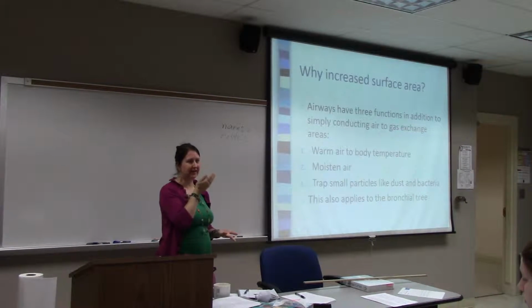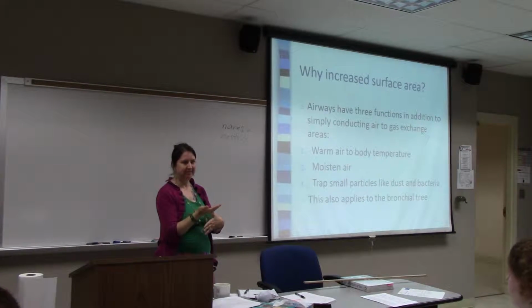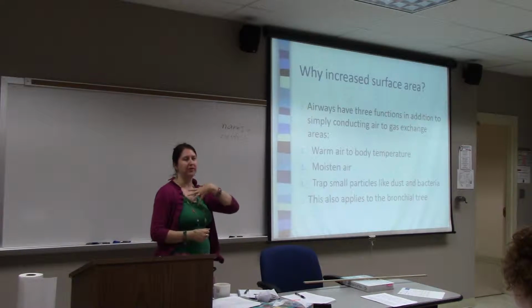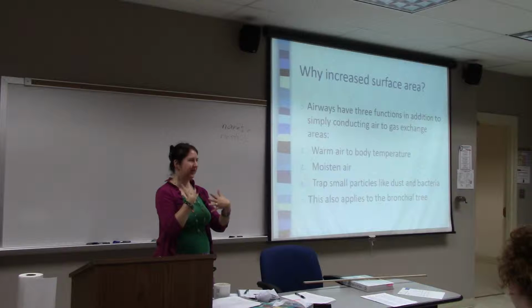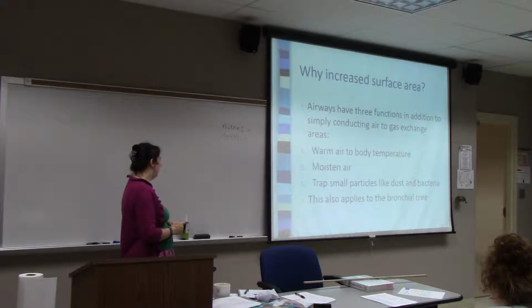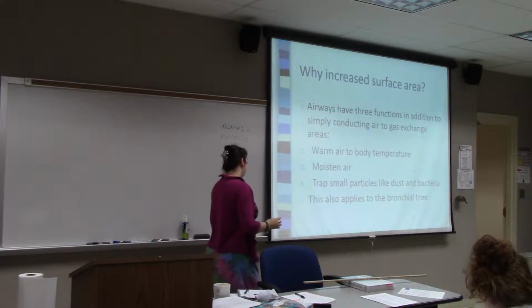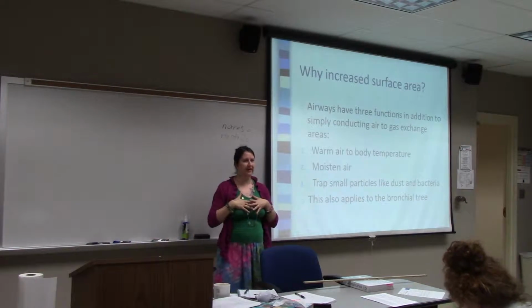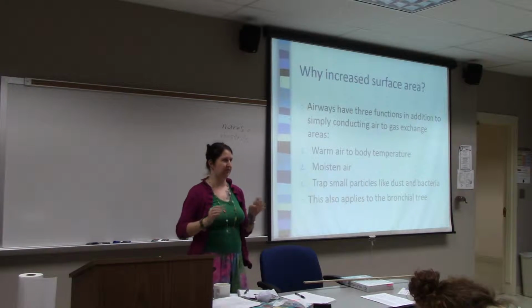And this is why when you exhale, it's warm, and why you can see your breath when it's cold is that moisture that you've put into the air condensing when it hits the cold. We will also see an increase in surface area inside the lungs in the bronchial tree, which is all those tubes.